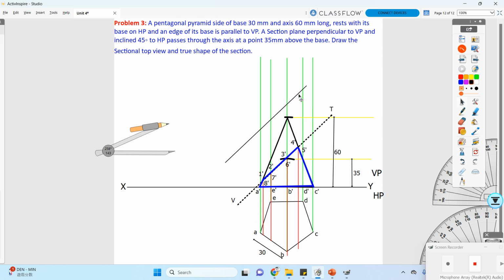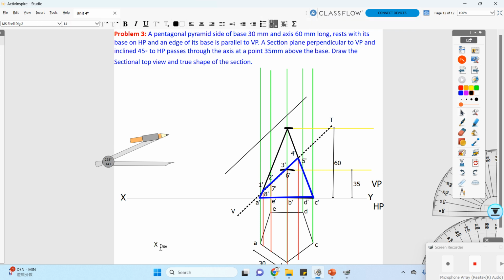On this one we are marking this as x1 and y1.